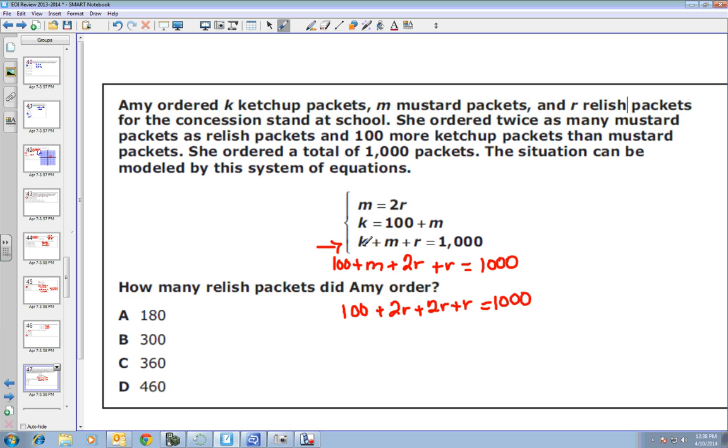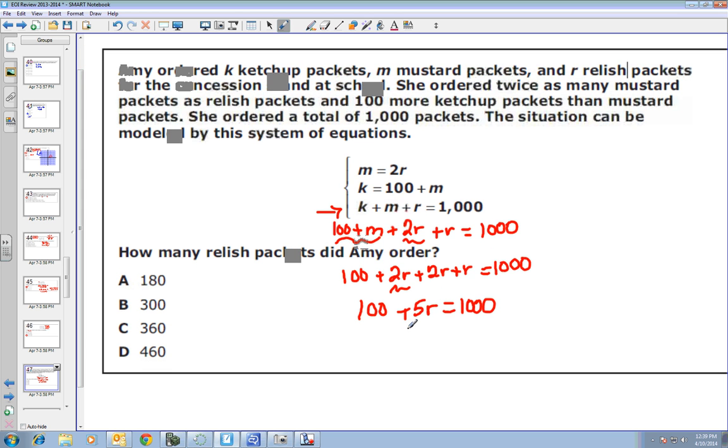K is 100 plus M, plus M, plus R. Now I need to replace M with 2R. So I have 100 plus 5R equals 1,000. 2 plus 2 plus 1. Subtract 100, 5R equals 900.